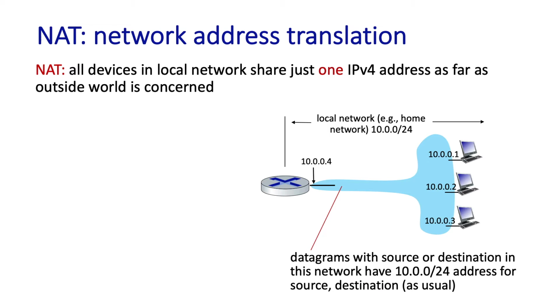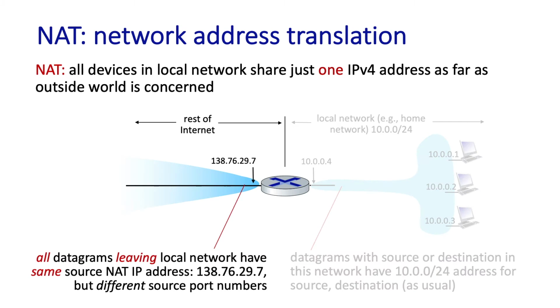In particular, all datagrams from any of the hosts inside this network, and there could be tens, hundreds, or thousands of such devices, that are sent to hosts outside of the network will all use the same single 32-bit IP address. So for this example here, although all hosts have IP addresses of the form 10.0.0/24, when their datagrams emerge from the router into the larger internet, they'll all use the same single source IP address of 138.76.29.7.